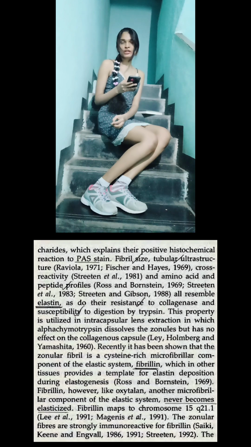So the fibrils are non-collagenous, these are elastic fibrils, and why they are more elastic in nature and not collagenous, we'll see later on. Their structure is non-collagenous glycoprotein containing O and N-linked oligosaccharides, so these fibrils are PAS positive histochemically, because of these O and N-linked oligosaccharides.